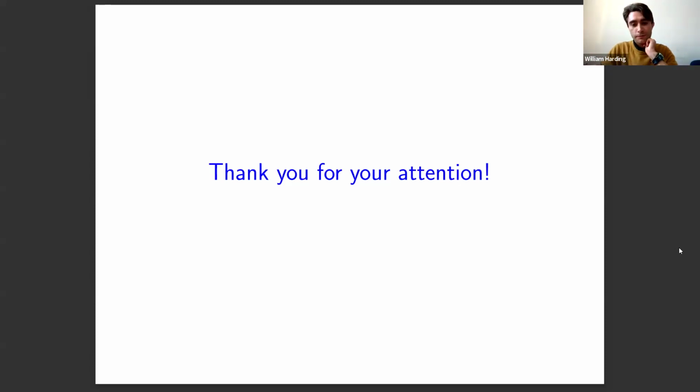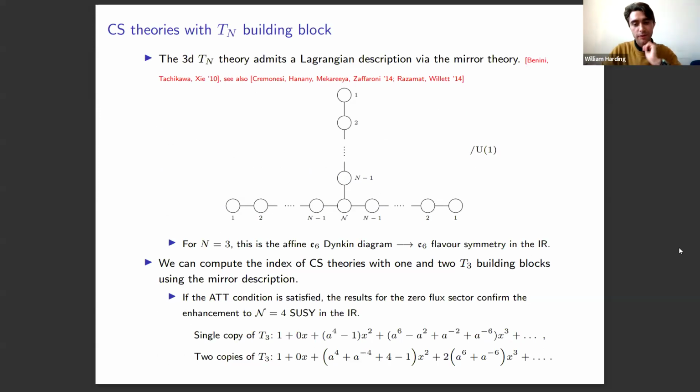And so I mentioned only briefly the T_3 case. We tried to compute the index of the T_3 case for the same values of the Chern-Simons levels, which do not satisfy the ATT condition, but exhibit N=4 enhancement in the T_2 case. So Chern-Simons levels k, 1.